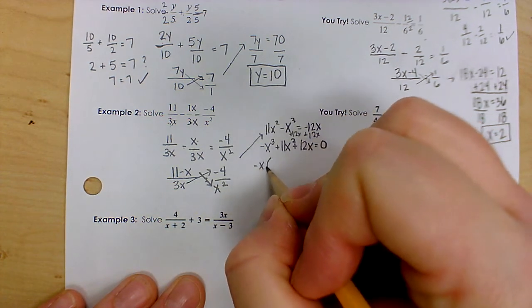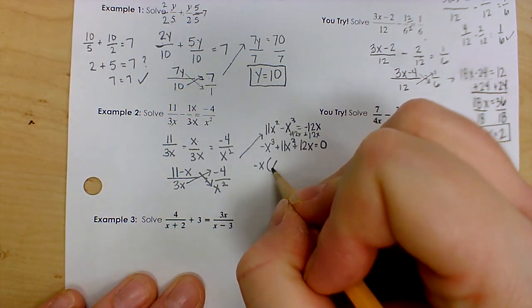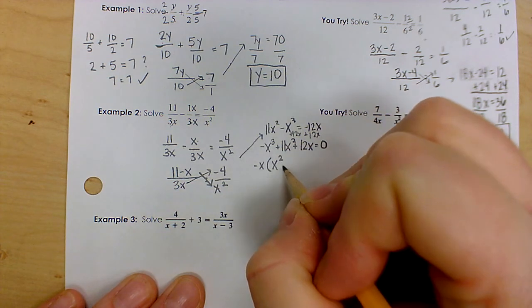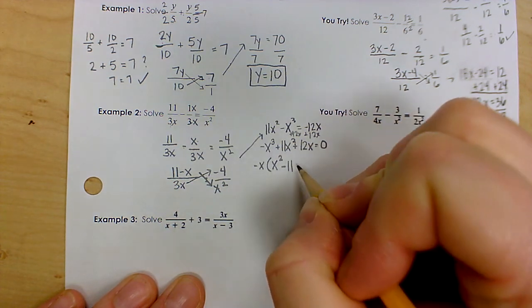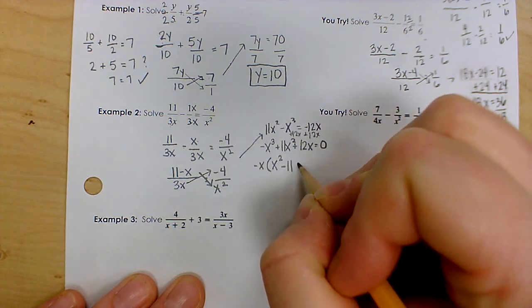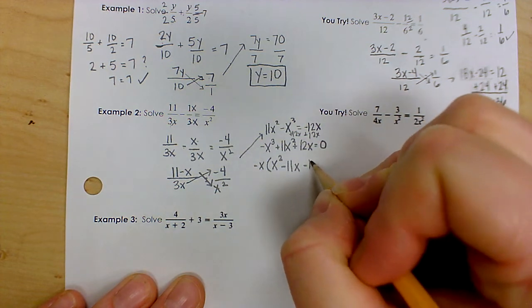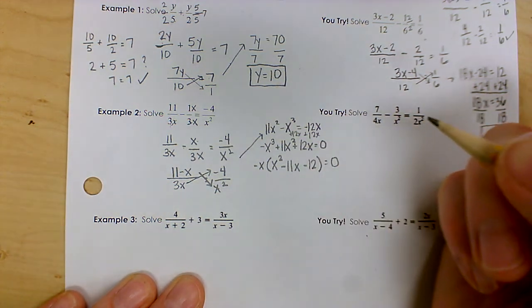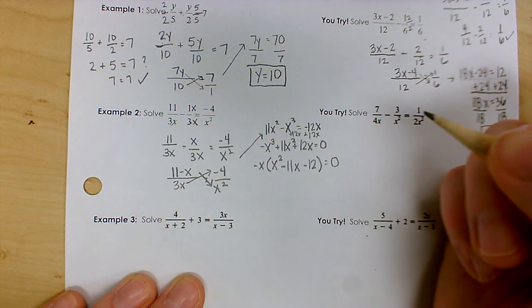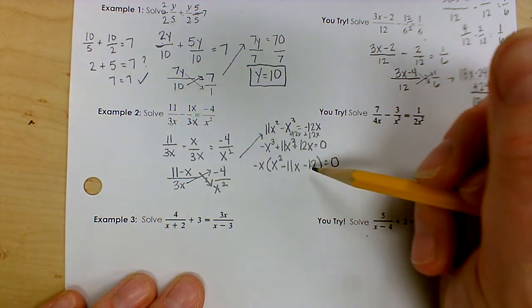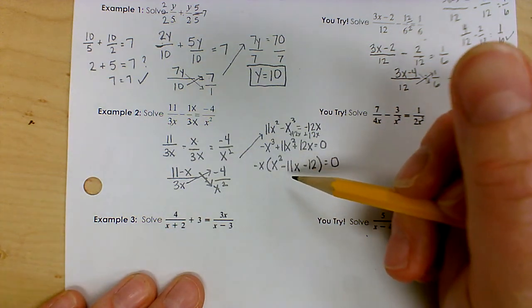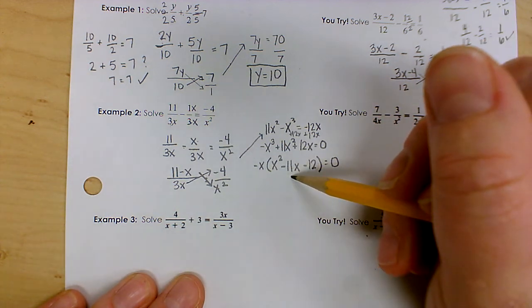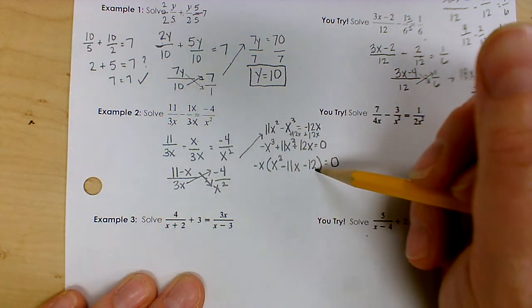We'll take out a negative x. And we get x squared minus 11x minus 12.